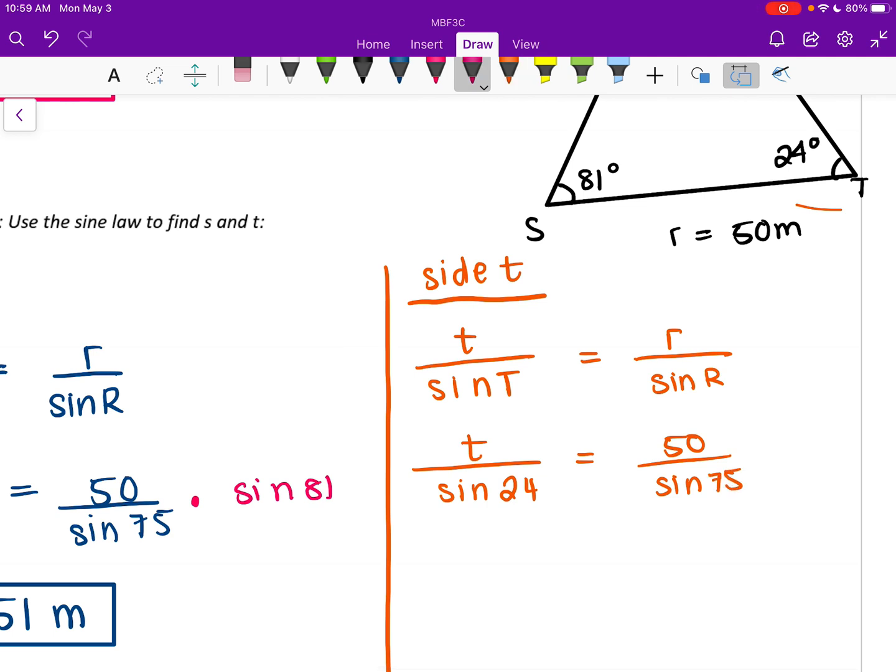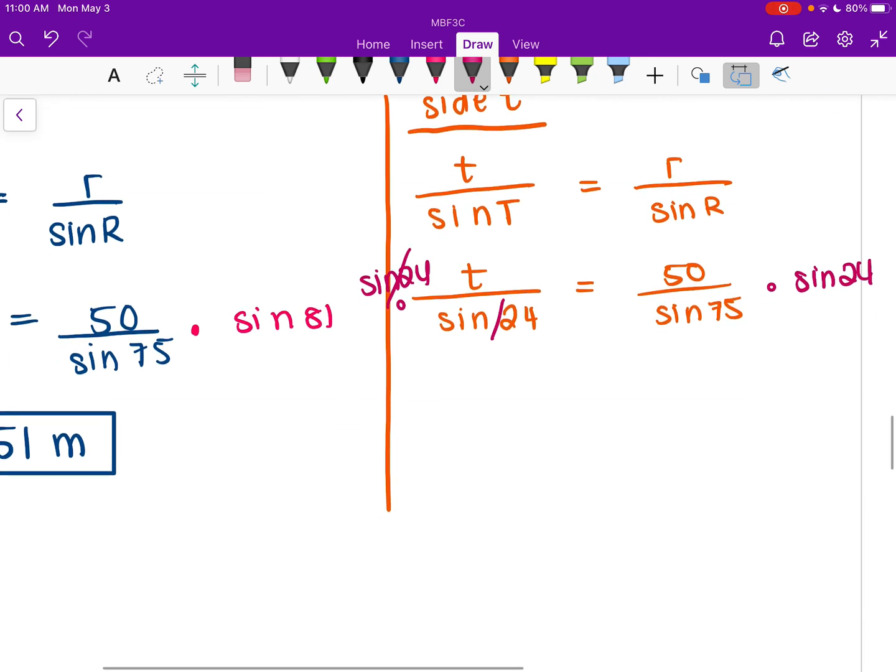Right, so I'm just going to multiply both sides by sine 24 to get rid of that sine 24 at the bottom. So I'm just going to do 50 divided by sine 75 times sine 24. T is equal to 21.05, so I'm just going to leave it as 21. So T is equal to 21 meters.